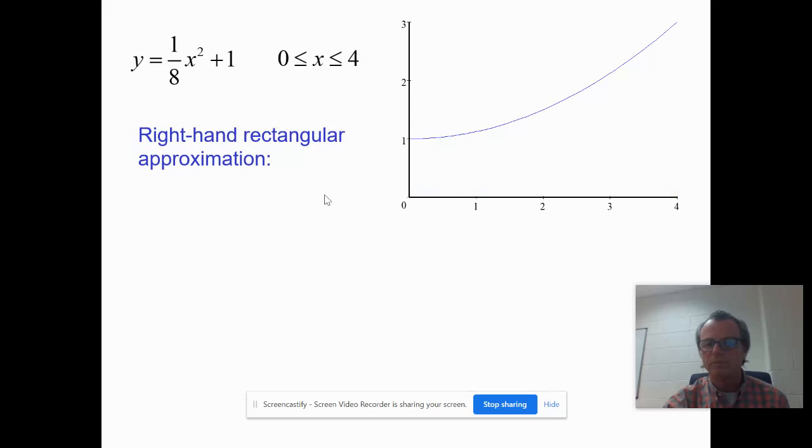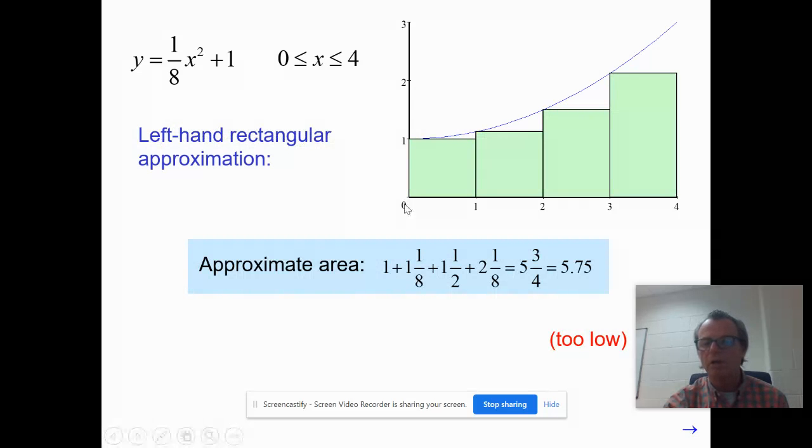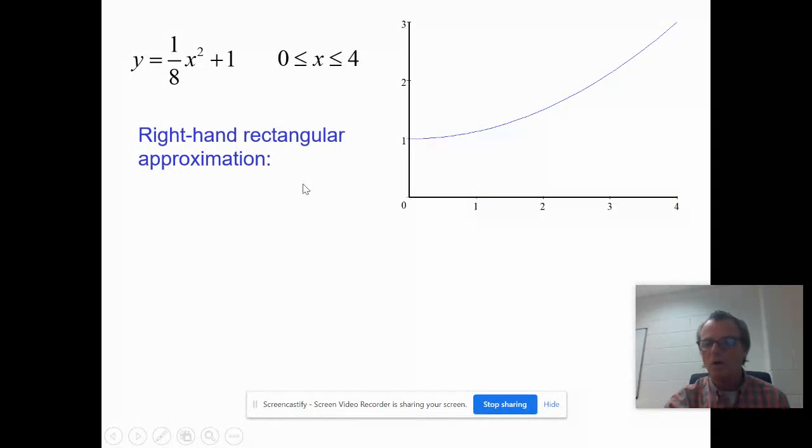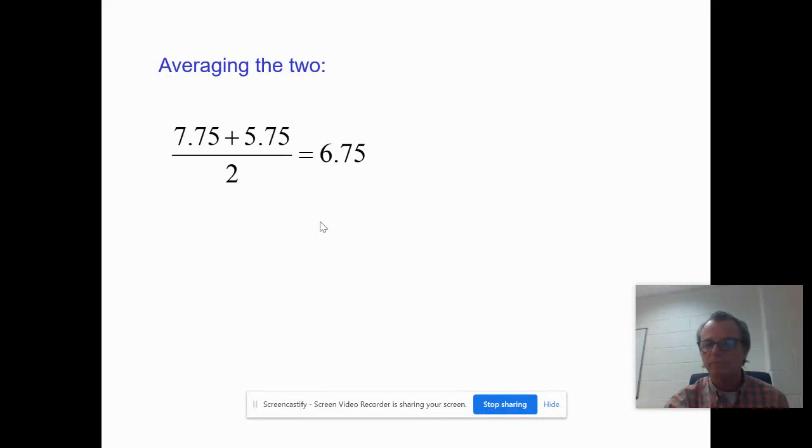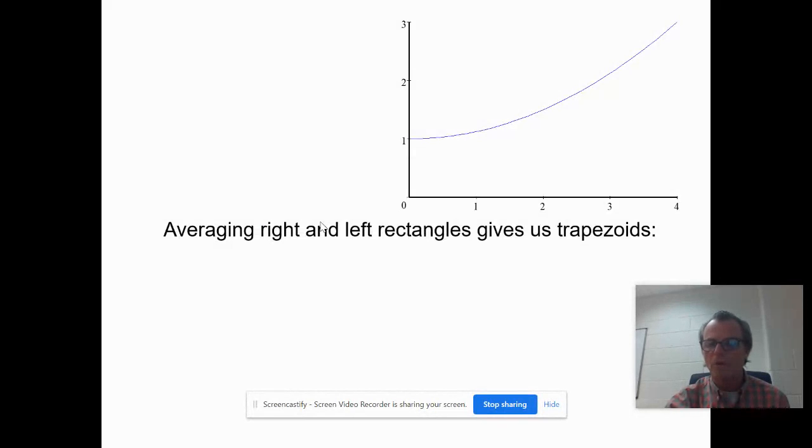So if you look at LRAM, what are you doing? The left input is hitting the curve, and you're boxing it off to the right. We go to RRAM, the right input is hitting the curve, and you're boxing it off toward the left. And the RRAM approximation is too high, and their average would be the trapezoidal approximation. And here's what that looks like.